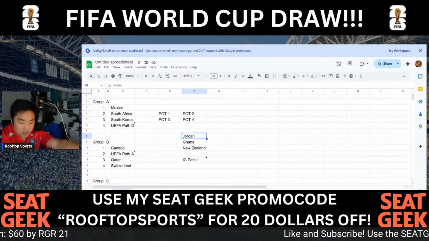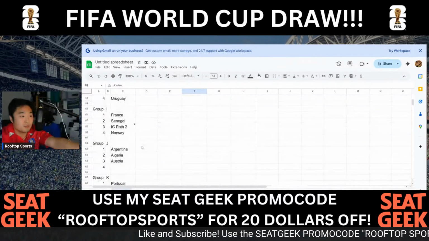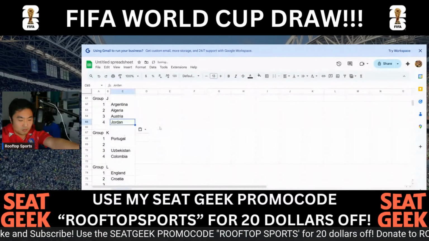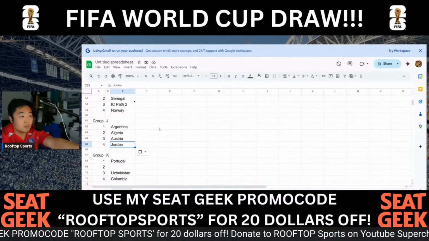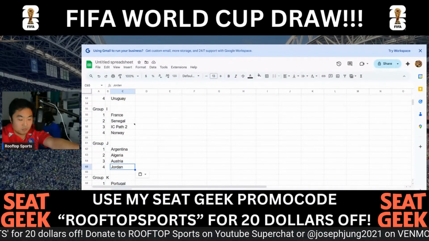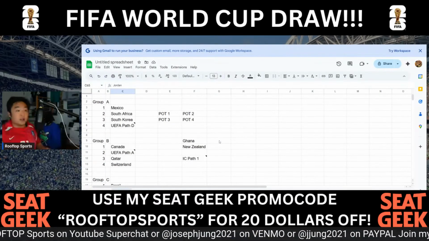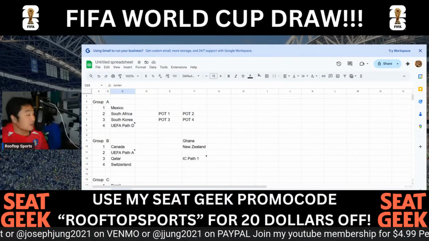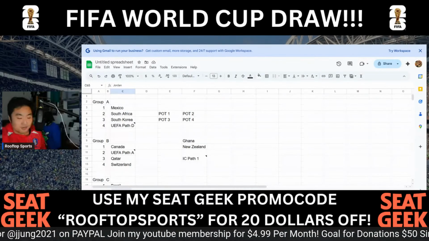Jordan's going to go to Group J. Now we got Ghana, New Zealand, and an interconference between Jamaica, Caledonia, and Congo.